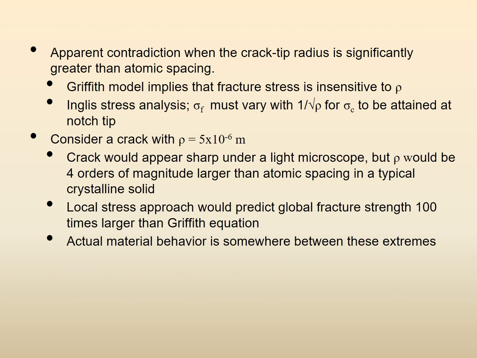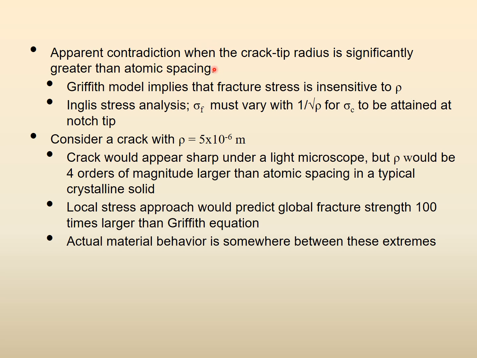The apparent contradiction arises when the crack tip radius is significantly greater than the atomic spacing. Right now we are assuming a sharp crack, but it is not totally sharp. At the sharp V corner there is a small radius, of the order of the interatomic distance x0. But if there is more plasticity, when the crack tip radius is significantly greater than the atomic spacing, the fracture will be more plastic.